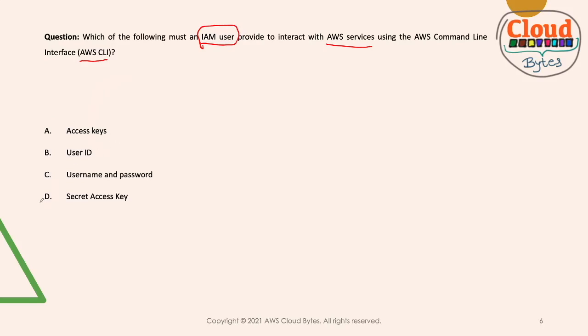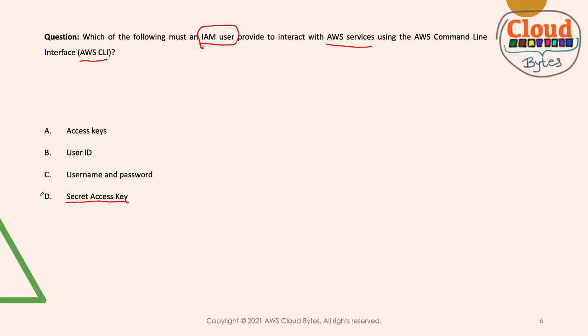So let's look at some of the options. We can go at random, we can pick any. Let's talk about secret access key. Now, secret access key is a part of access keys. It's one of the items that is available as part of access key. So access key contains two things. One is access key ID, and the second one is secret access key.